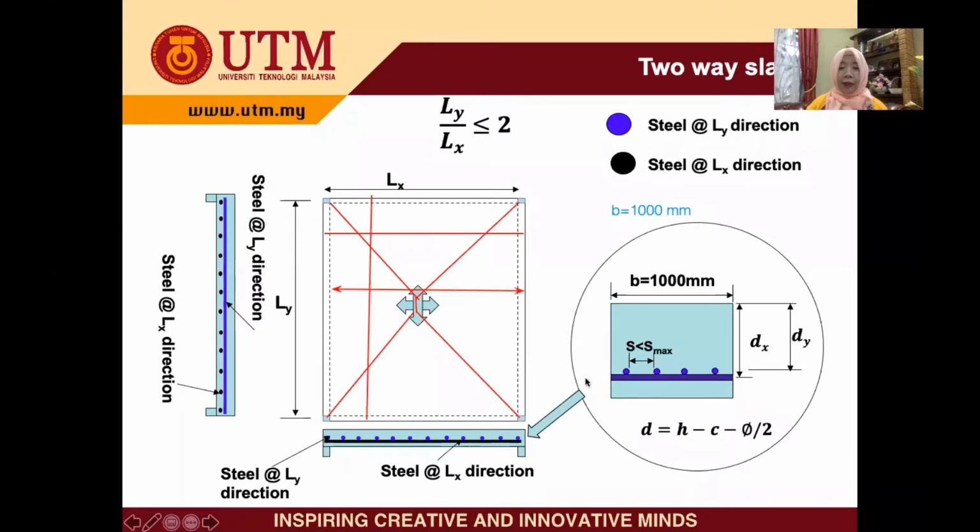When you see from this section, you will see the X direction as the dot here. So this is a two-way slab.